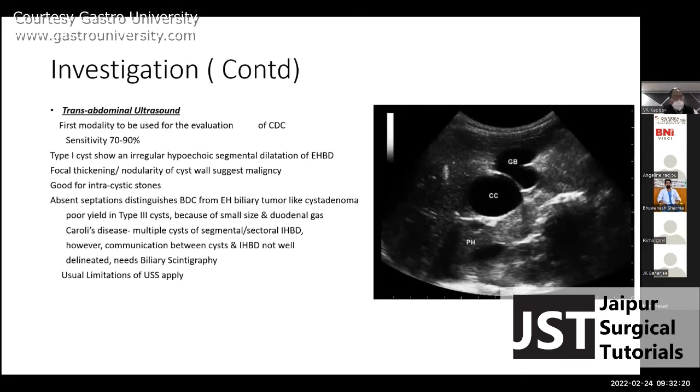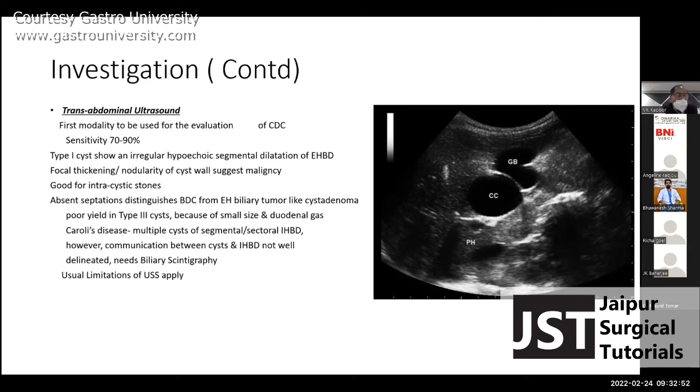Coming to the transabdominal ultrasound, this is the first modality to be used for the evaluation of bile duct cyst. However, sensitivity varies from 70 to 90%. This investigation being non-invasive and easily accessible and available, it is used as a first modality.